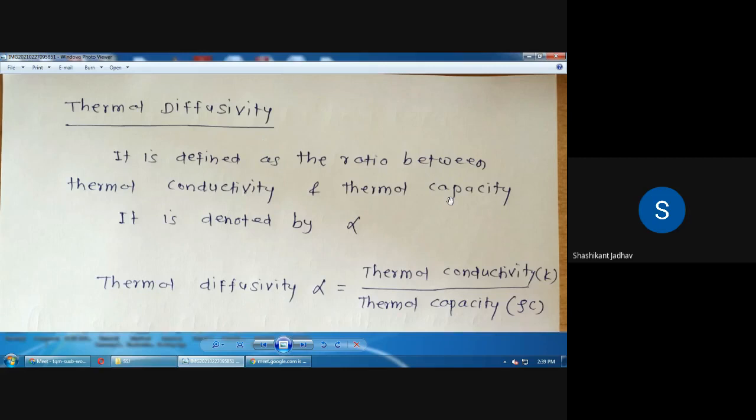Next line, it is denoted by alpha. Write down the equation for thermal diffusivity: thermal diffusivity (alpha) is equal to thermal conductivity divided by thermal capacity.